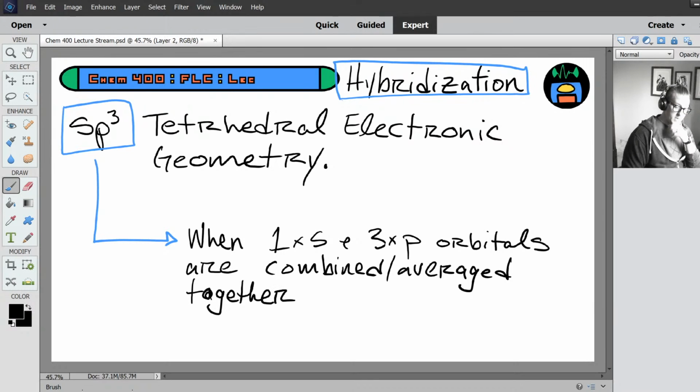This is the type of hybridization when we combine our s orbital and 3 p orbitals all together to make a new form of hybrid, and that explains the tetrahedral electronic geometry.